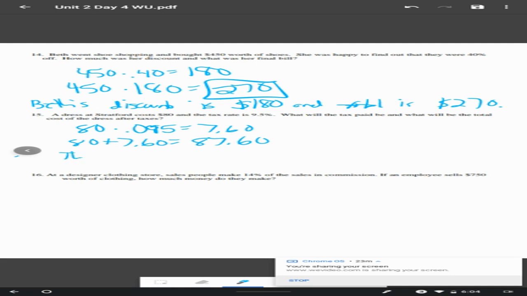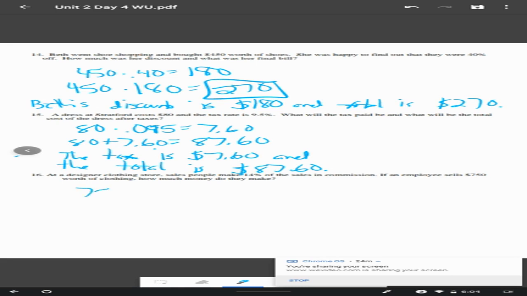So the tax for this dress, the tax is $7.60, and the total is $87.60.